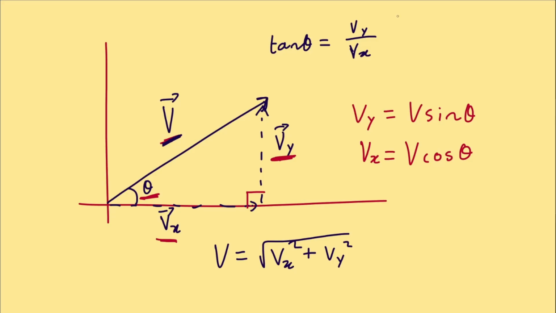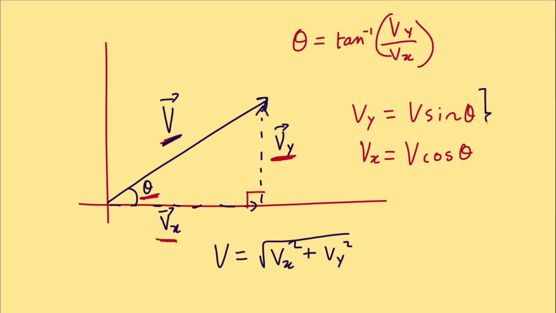Now again, I'm going to simplify this formula a little bit. Instead of writing all this, I'm going to be writing it as the angle is equal to tan⁻¹, so the inverse of tan, times vy over vx. Same thing. I highly recommend you write these formulas down somewhere in your book. We're going to be using them today.